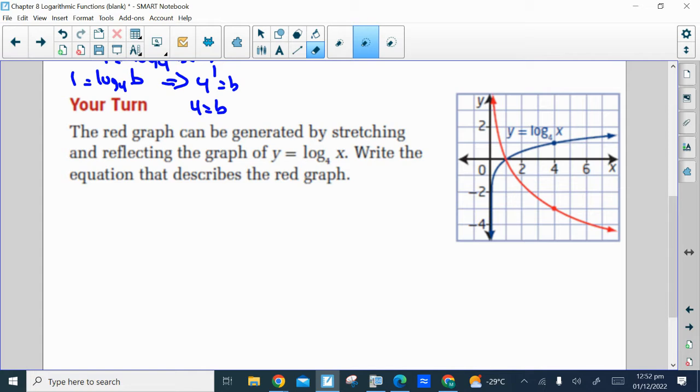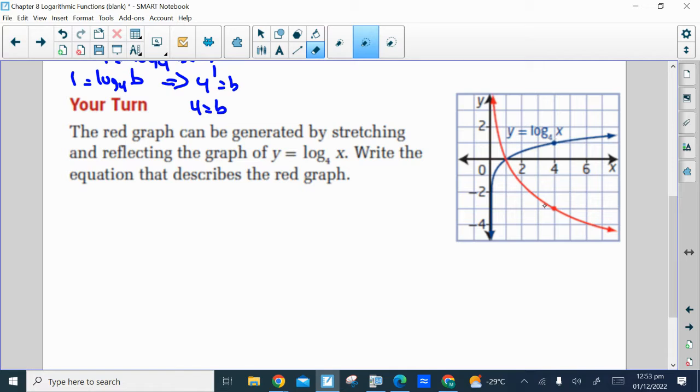So we can do the same thing for this one, going from the blue to the red. It's the same original graph. But now, when we look at the new one, I think it's obvious that the graph has been reflected over the x-axis, as well as a vertical stretch, because the distance from the x-axis to the corresponding point definitely changes. This point is 1 unit above the x-axis.